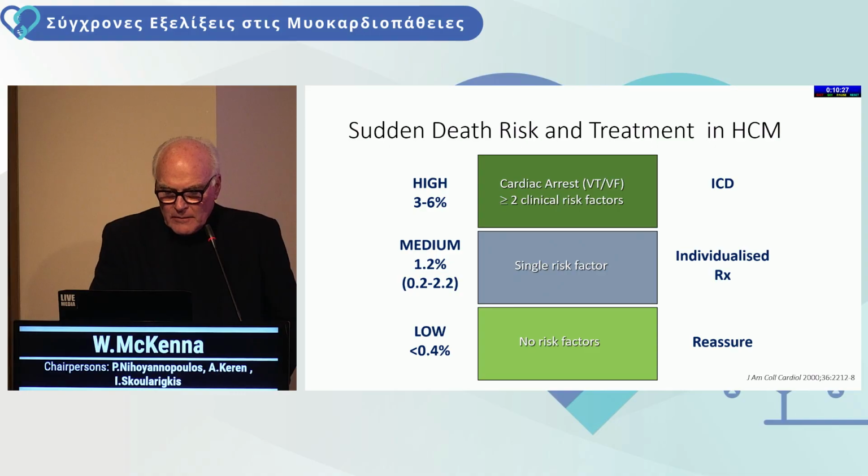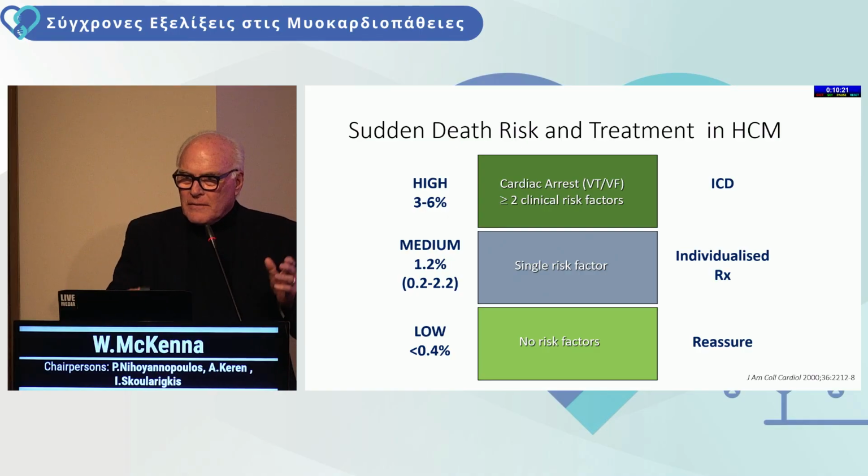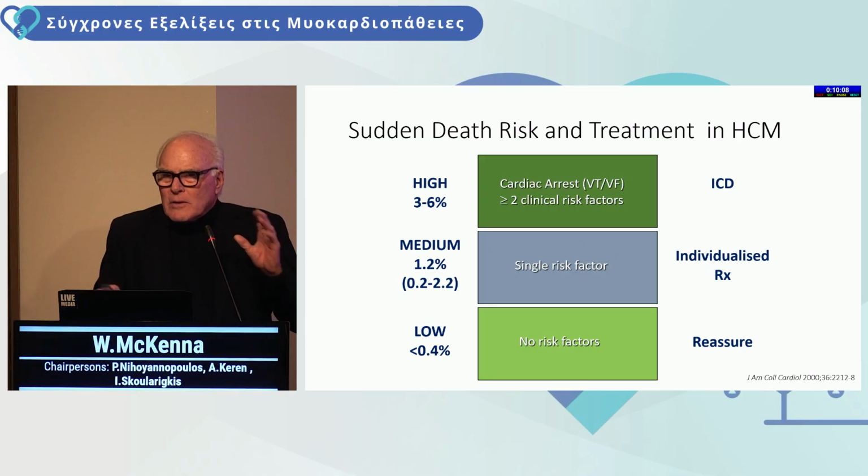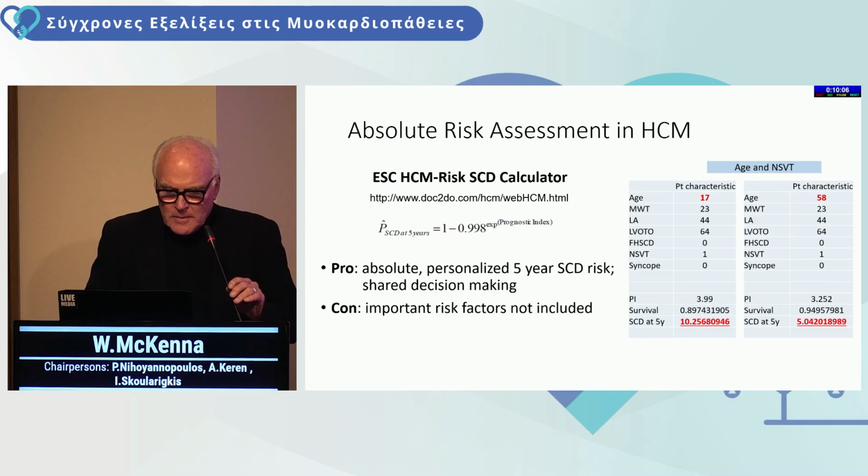And if you look at the confidence levels, it's 1% per year, but it's 0.2 to 2.2%. So if you put a defibrillator into all these people, the majority of them are not at high risk and will not have an event. That is our challenge, how you drill down into that group. And yes, individualized therapy, then how do you do that is the question.